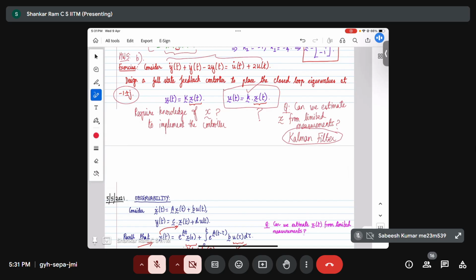Essentially, the Kalman filter is a state estimator which is used for stochastic processes, and you can estimate state variables using it. So in the next class we will look at the problem of observability and also figure out how one can determine observability of a system, and then use it for state estimation. And by the next class we will complete the theory.